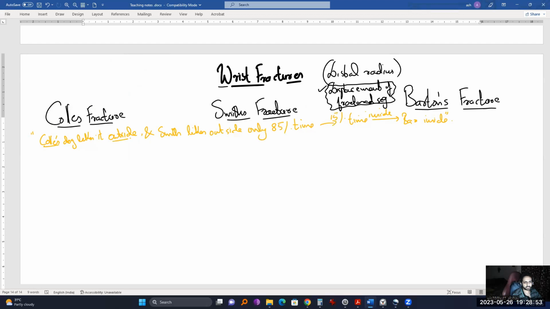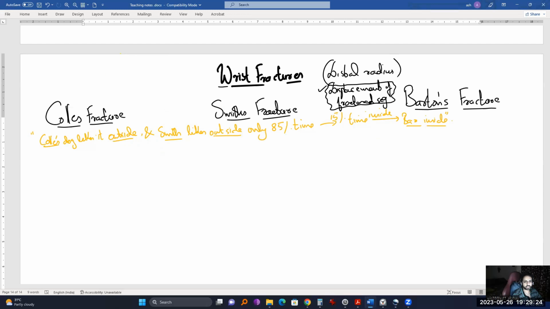Colles fracture is outside, that is extra-articular. Smith's fracture 85% of the time also is extra-articular, and 15% of the time it is intra-articular along with Bar. Bar is Barton's. Barton's fracture also is intra-articular. And 15% of the time Smith's fracture also is intra-articular. So you can remember it that way.